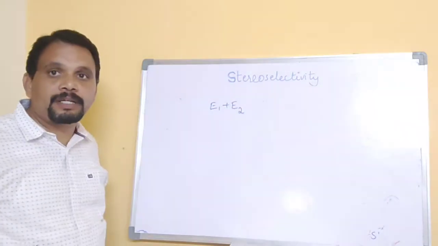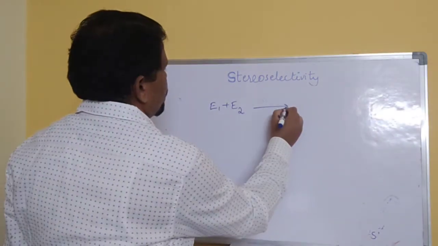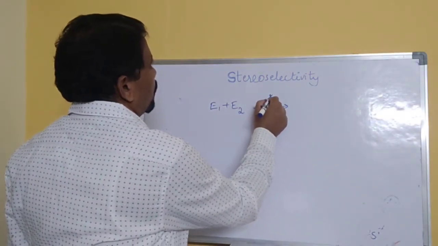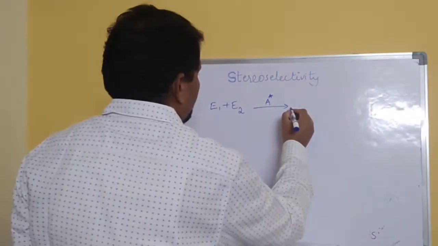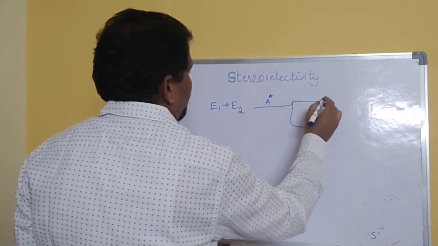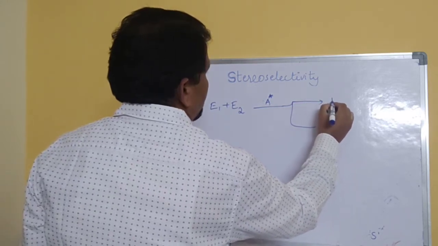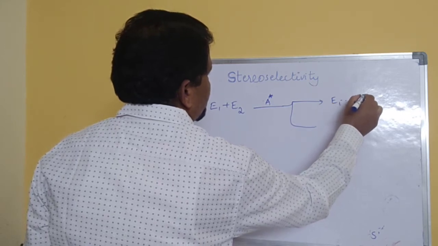E1 plus E2 mixture, and if you react with some reagent like A star, in the next step you will get E1 and A star. This is the transition state.